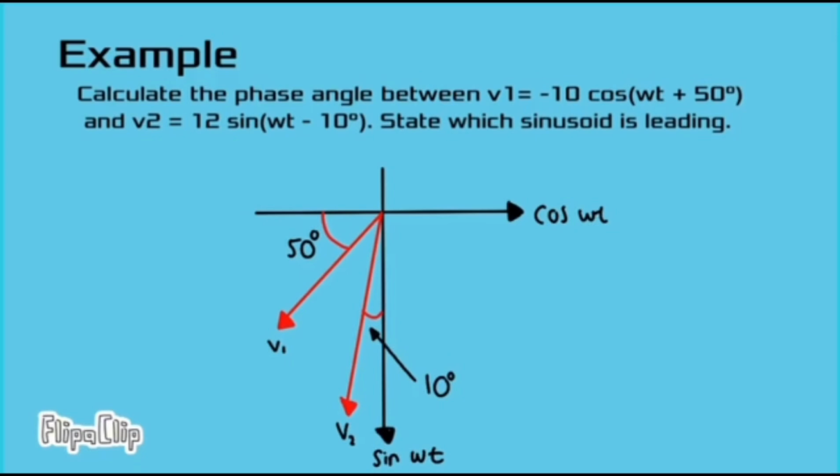In order to determine which sinusoid is leading, we need to refer to which phase angle, V1 or V2, is closer to cos omega t, since it's the finishing line. So we can calculate the angle difference. On the difference, V2 is leading V1.